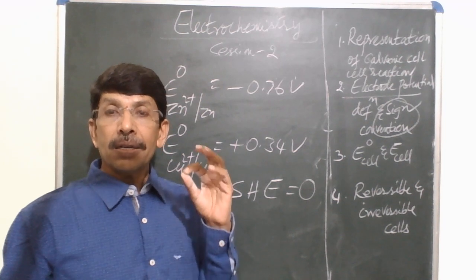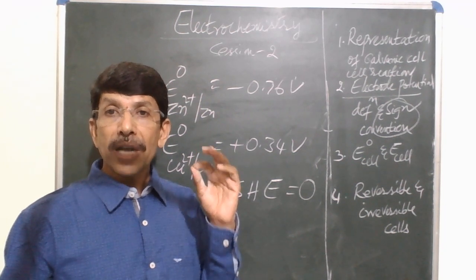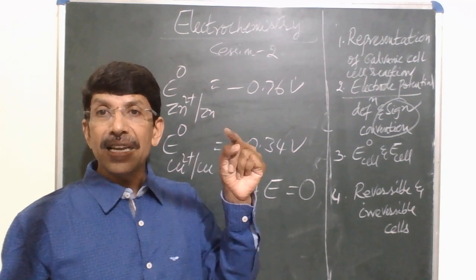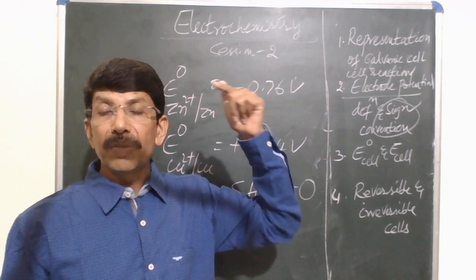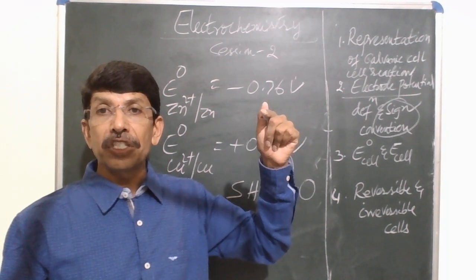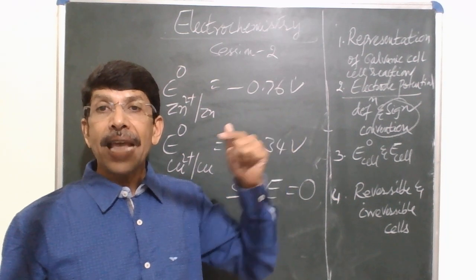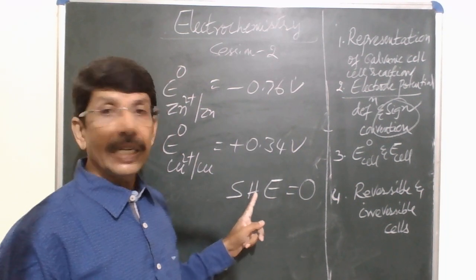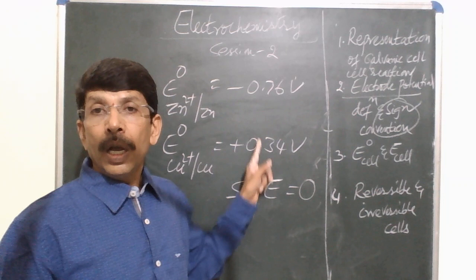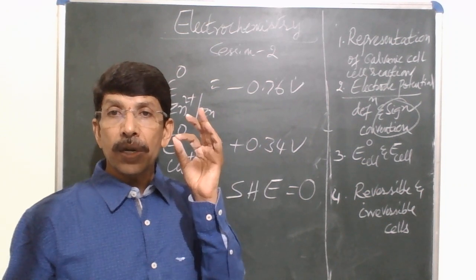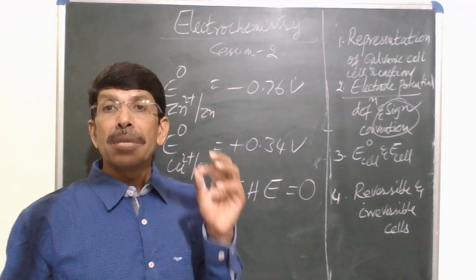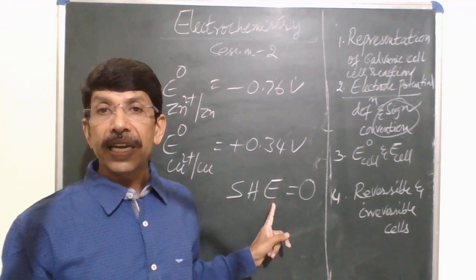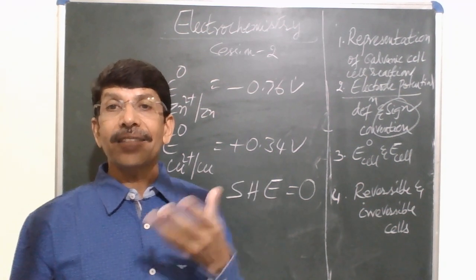So any electrode whose standard potential has a minus sign, it means that all those electrodes with a minus sign of their reduction potentials act as anode when connected to SHE, and all those reduction potentials whose sign is plus mean those electrodes when connected to SHE act as cathode.